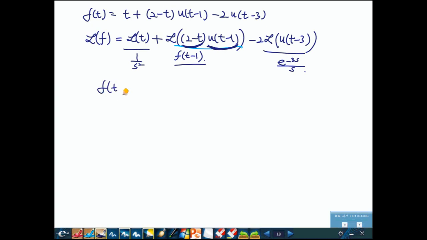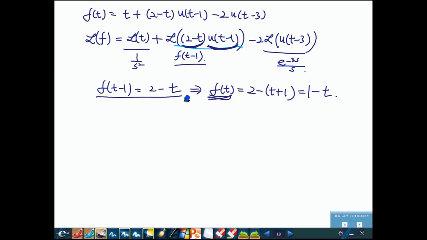So f of t minus 1 is 2 minus t. Then it's a formal shifting. Okay? All right. So f of t is 2 minus (t plus 1). Right? You're simply substituting back. So it's 1 minus t. You're getting the function of t from the shifted relationship.